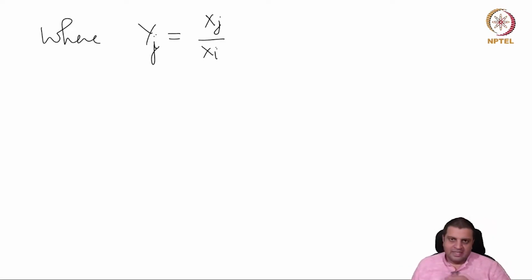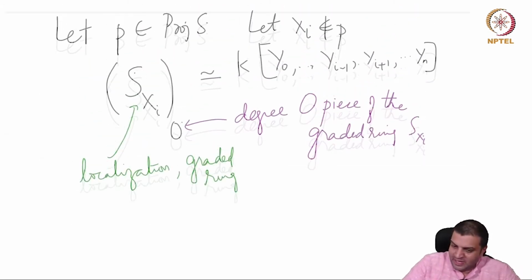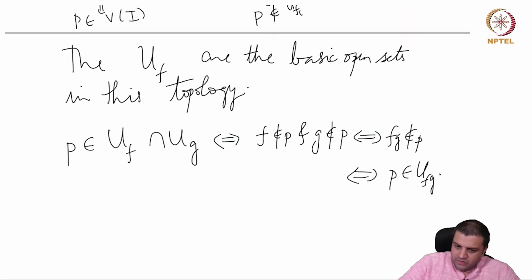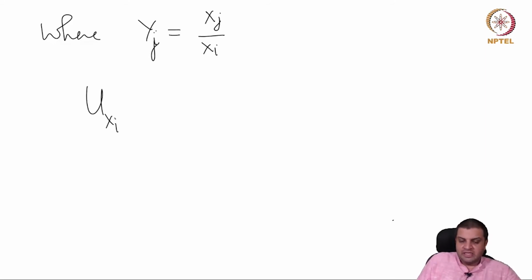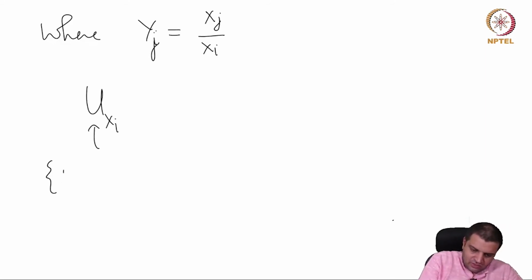So this one can check. And so we have now two topological spaces. We have Uxi, which was all the homogeneous prime ideals not containing xi, so this is P in Proj S not containing xi.